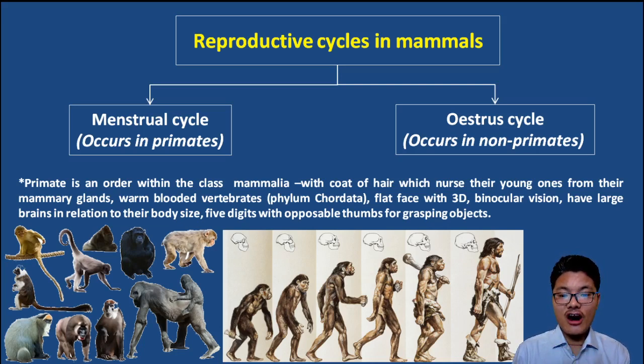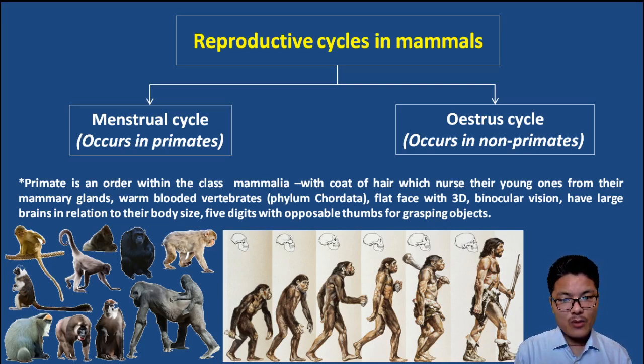Let me describe it in a simpler way. Primate is an order categorized under Mammalia. Mammals are able to feed and look after their babies. Mammals usually have an outermost covering of hair, and they are warm-blooded animals.